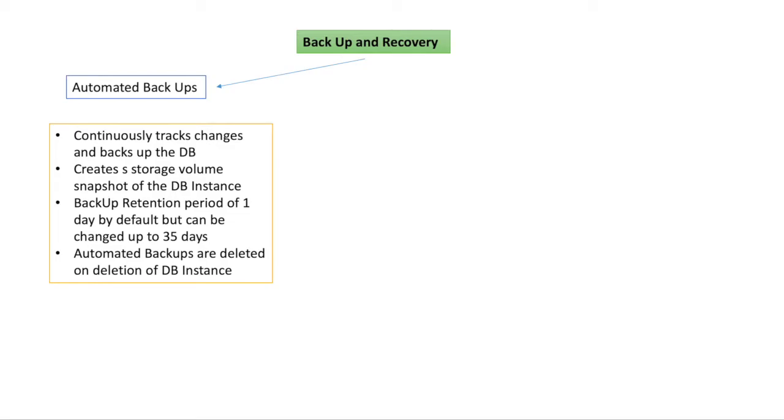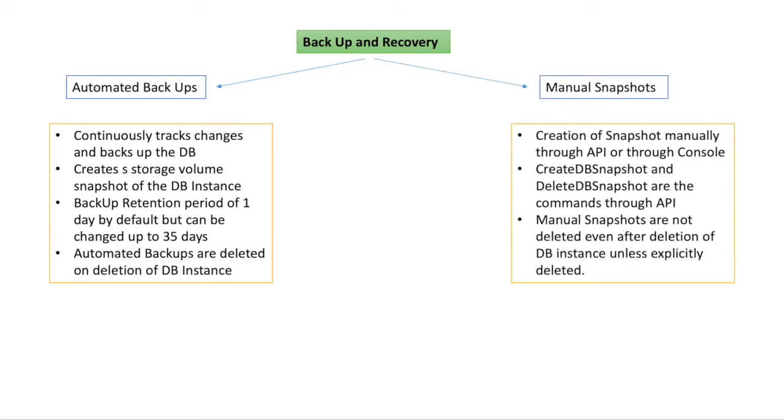An important question which is usually asked is: automated backups are deleted on deletion of the DB instance. Whenever you delete a DB instance, your automated backups are also going to get deleted. However, a few companies would not want to rely on automated backups because the time difference could be more. If you want to rely on manual backups or manual snapshots, you can do that.